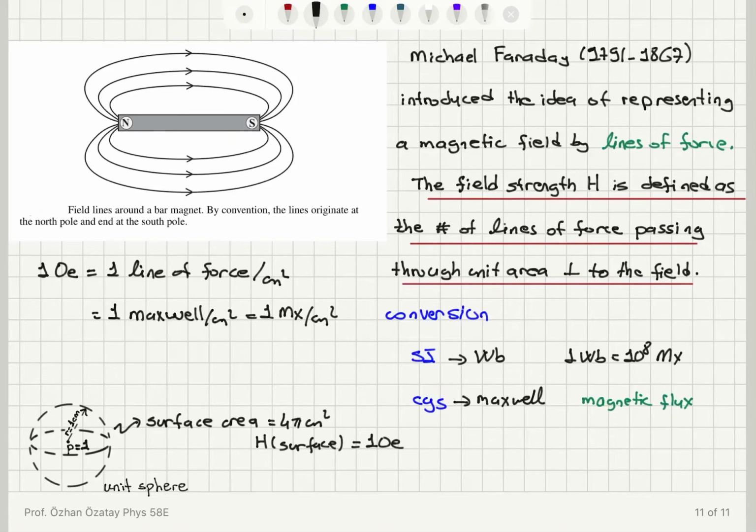And if I ask you what is the total number of lines of force that you have to draw in order to represent this with Faraday's picture, the total number of lines of force that you would have to draw around this unit pole strength would be equal to, because you have 1 Ørsted, 1 line of force per centimeter square, total area 4 pi centimeter square, 4 pi lines of force you would have to draw.